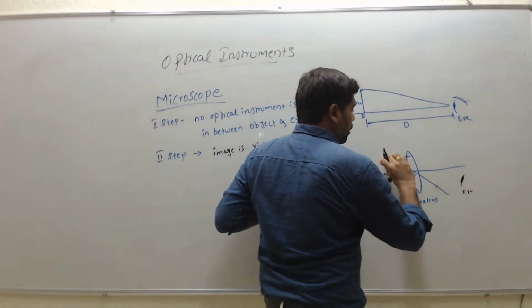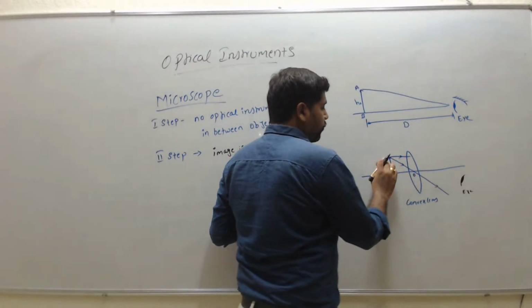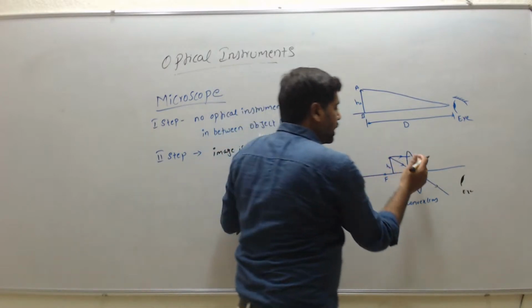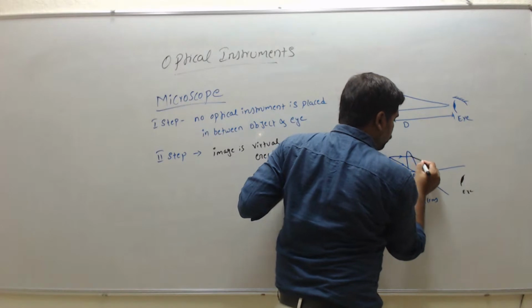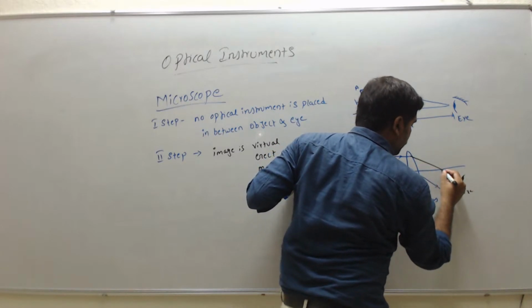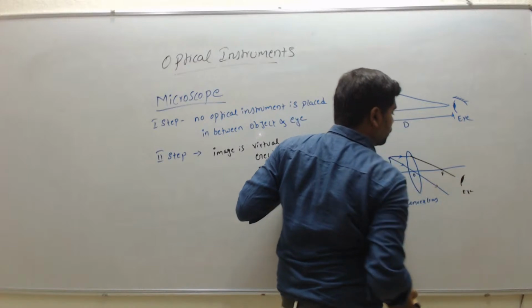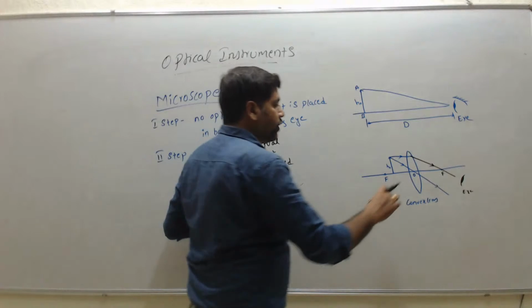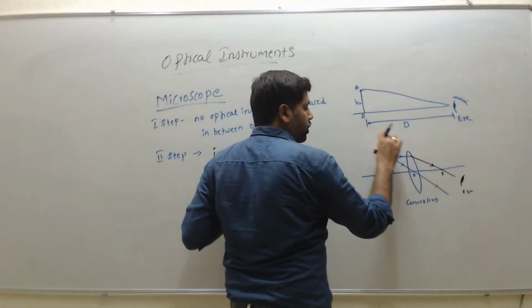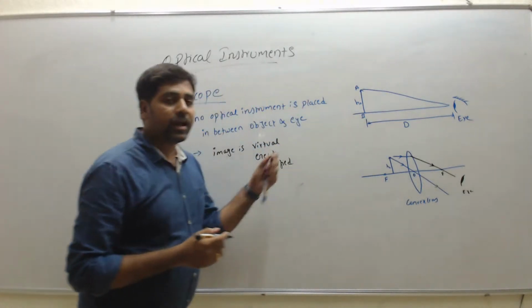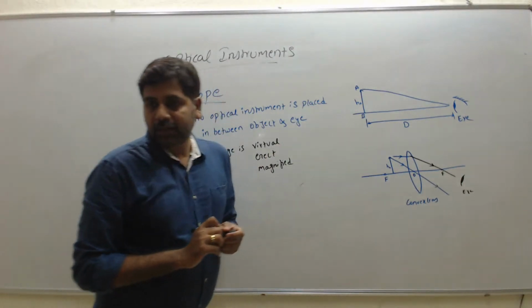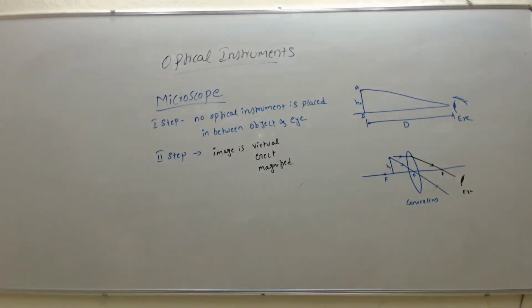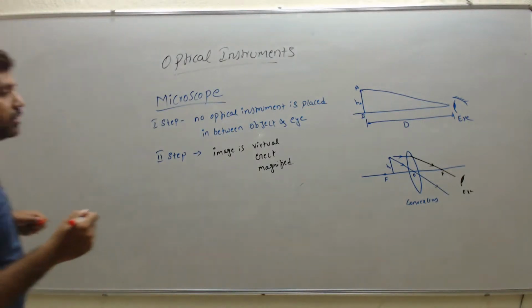The incident ray coming from the object which is parallel to the principal axis, that refracted ray always passes through the focus. So this one is the focus of the second point. If we draw these two refracted rays backward, or extend them backward, we get the image.